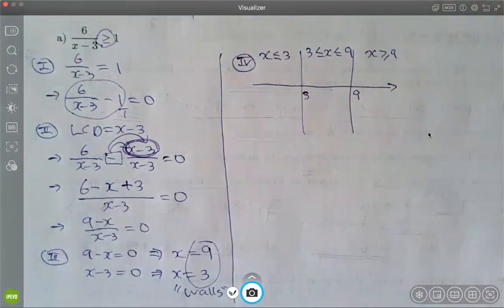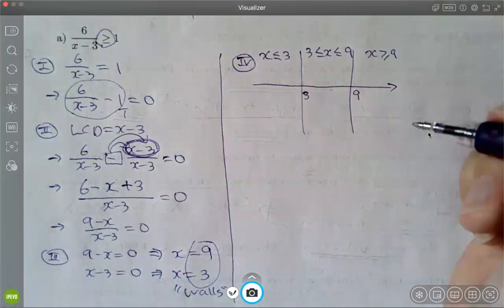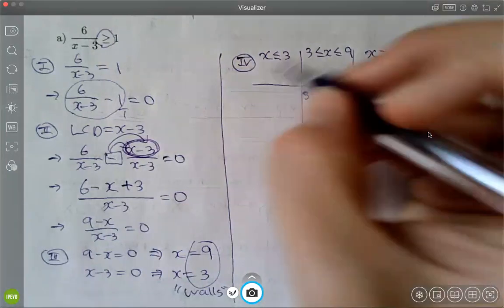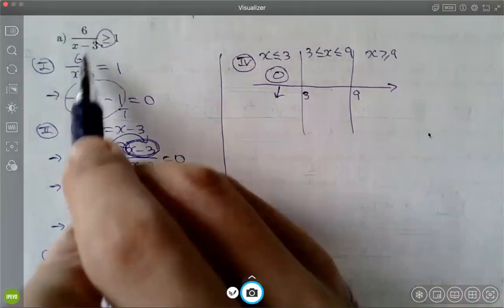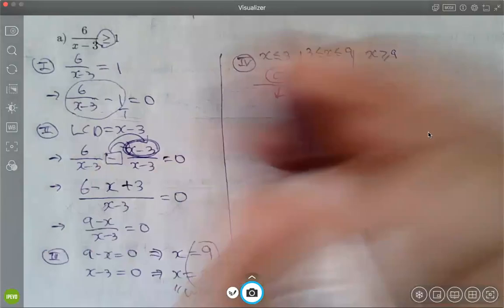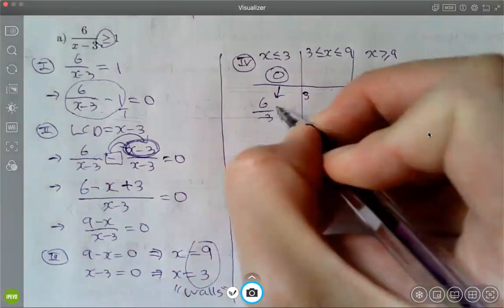And now, which region contains the 0? Where is the 0? Here, right? Okay, so plug in 0 into x. So what do you get? 6 over negative 3 is greater than or equal to 1.